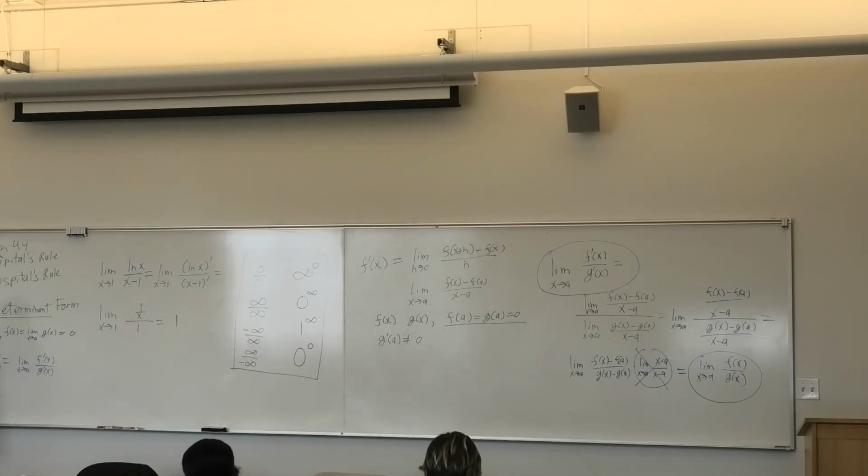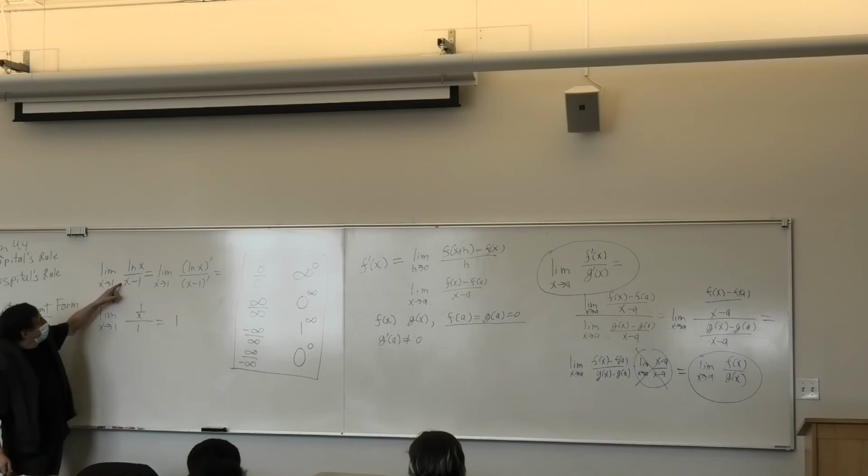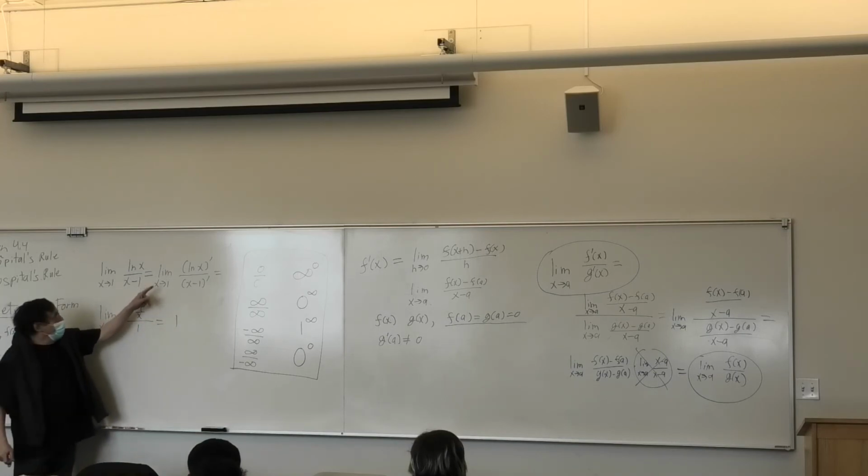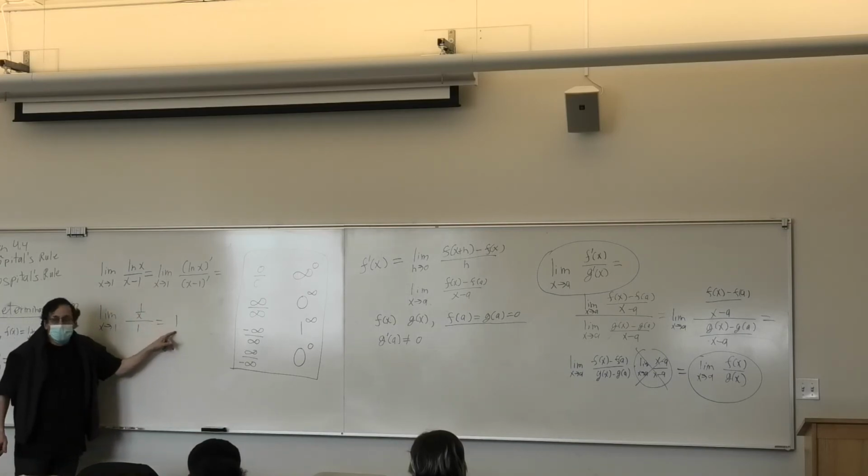I'm not going to take the time to try and bring up this computer and show you the graph. You might want to do that on your own after class. Just graph this, put it on your TI, and see what happens. You're going to find out it's undefined at 1, but the limit is clearly 1.